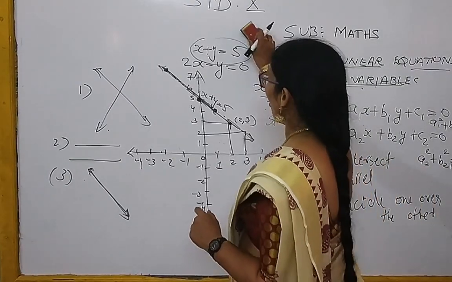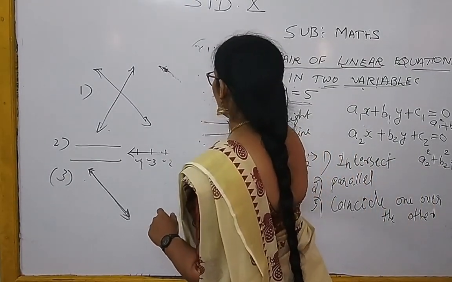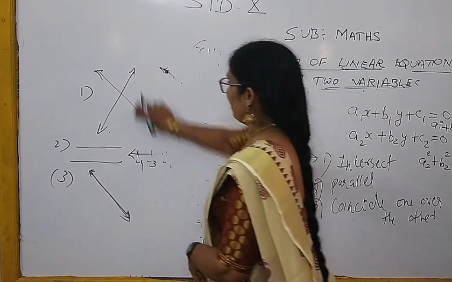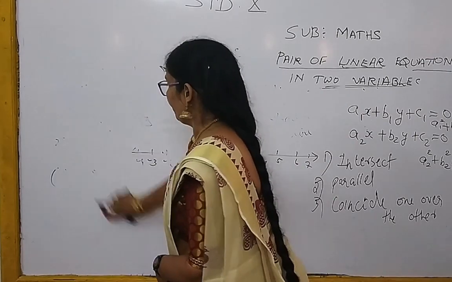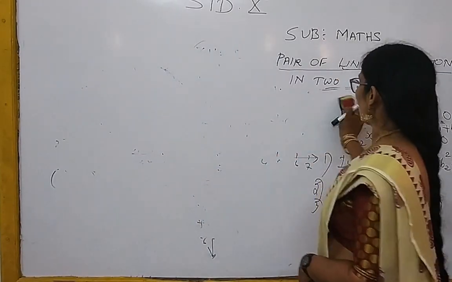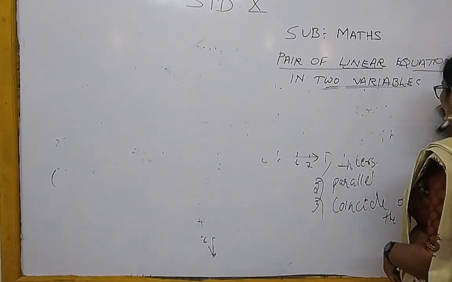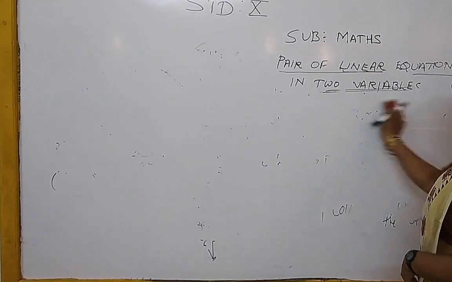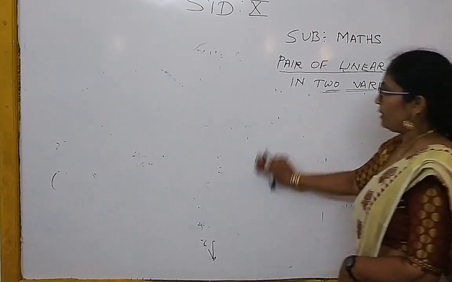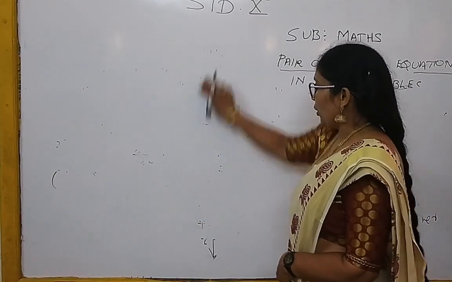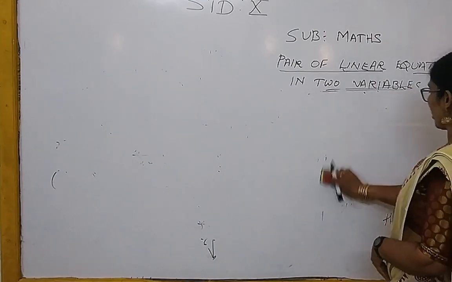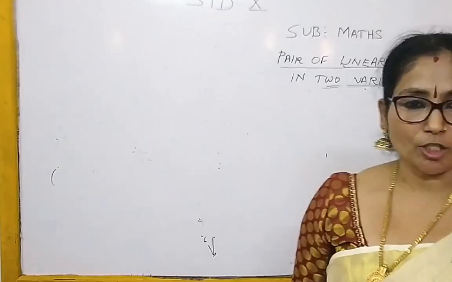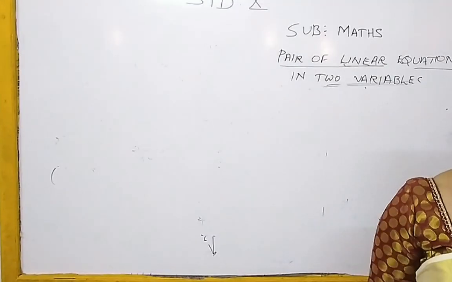How can you represent a pair of linear equations in two variables, algebraically as well as graphically? Now you know that the practical applications of a pair of linear equations in two variables are many, because in daily life situations, suppose you went to a shop and purchased 2 pens and 3 pencils.